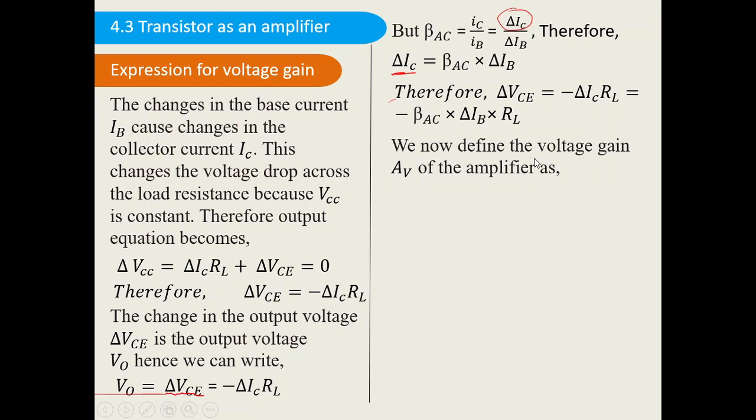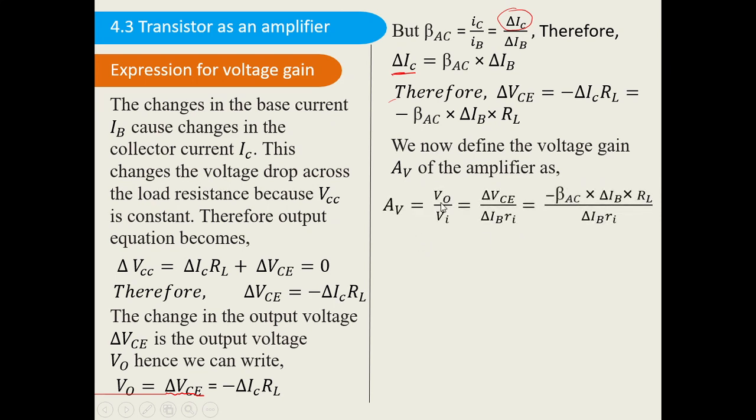Now we are going to define the voltage gain factor, denoted by AV. Your question was to have an expression for voltage gain in the case of a transistor working as an amplifier. What is voltage gain? It is output voltage divided by input voltage.